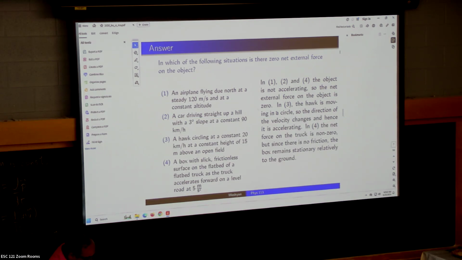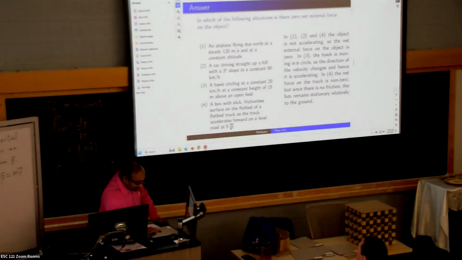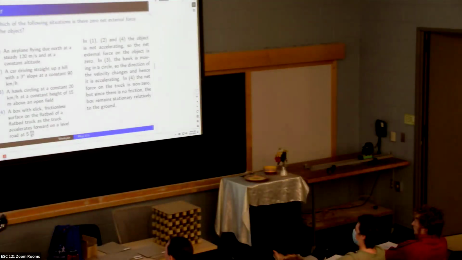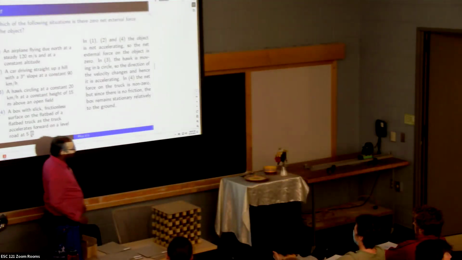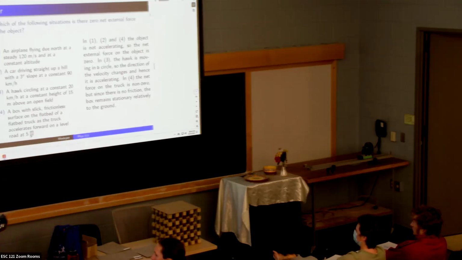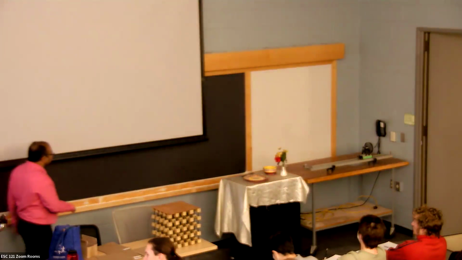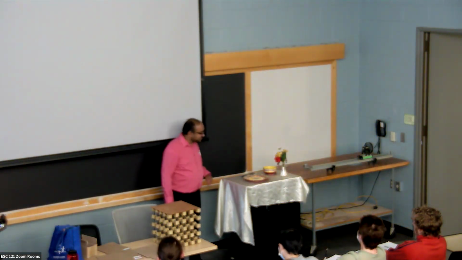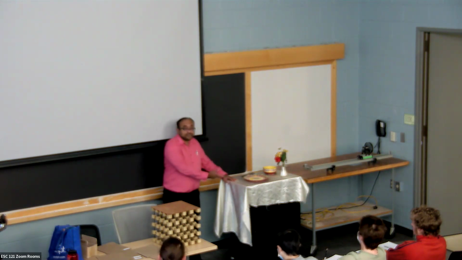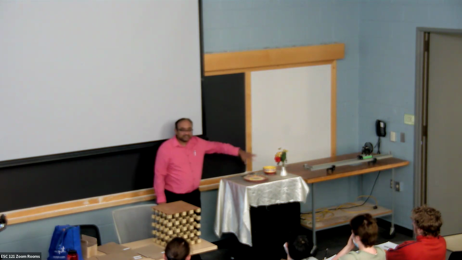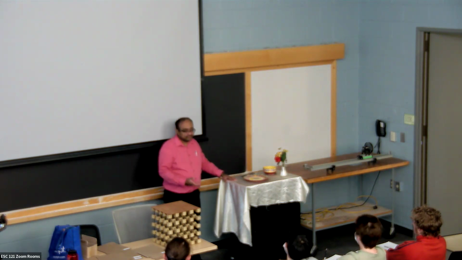Okay, so what is going on over here? This is sort of a mix of first law, second law. There is a force, right? There is going to be some friction between the tablecloth and the objects on top, but it's very little force, right?